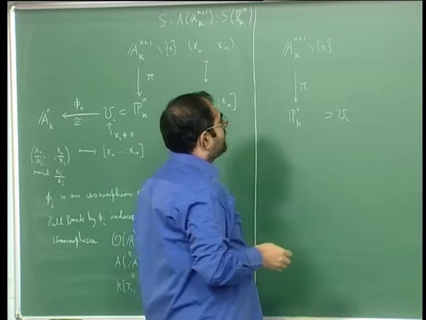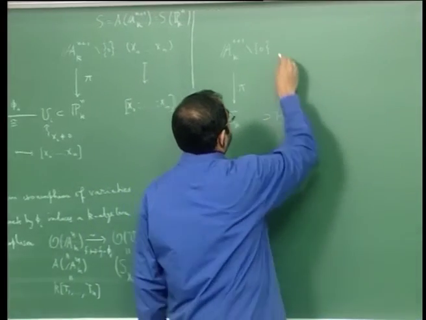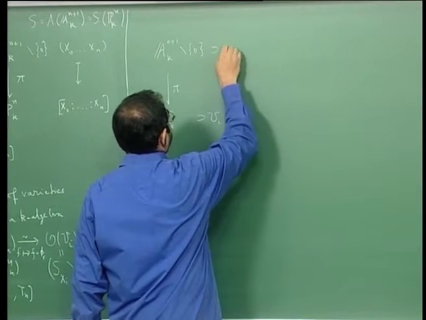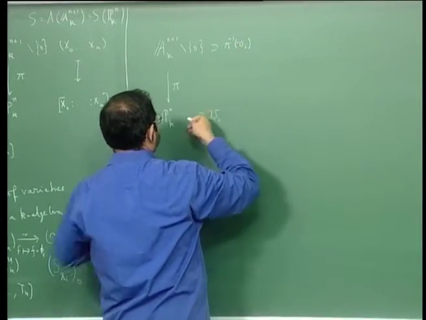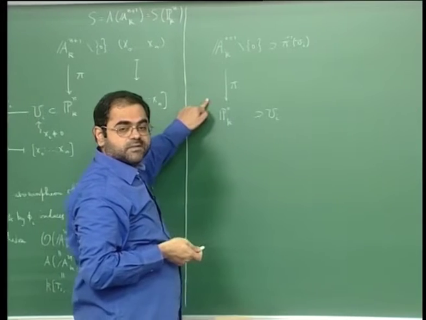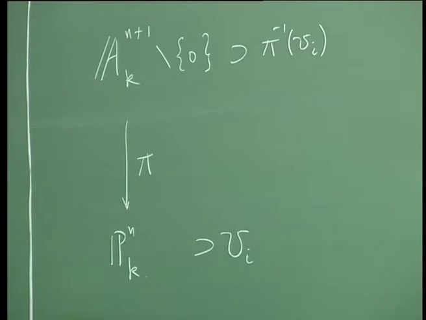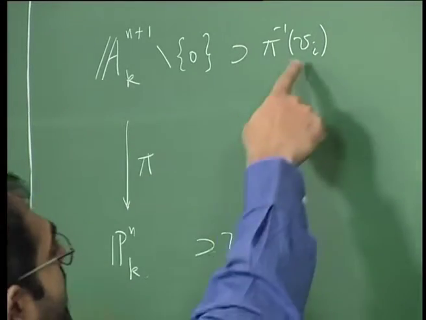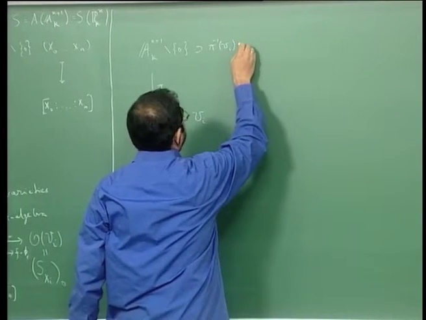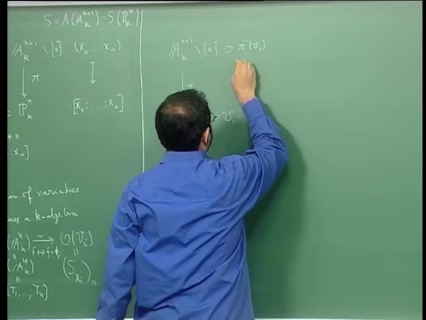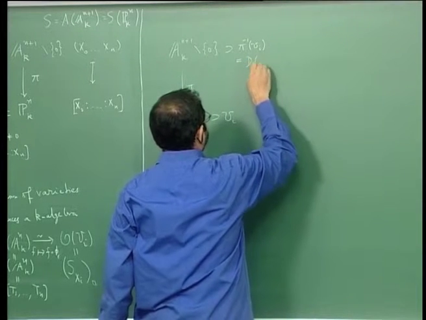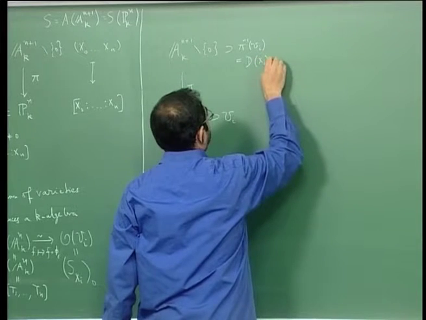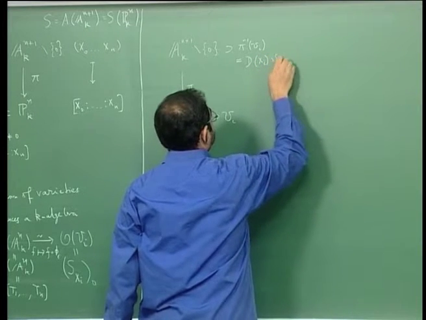If you take pi inverse of ui, its inverse image under this map, then you get pi inverse ui, which, if you think about it for a moment, is D of xi minus the origin.